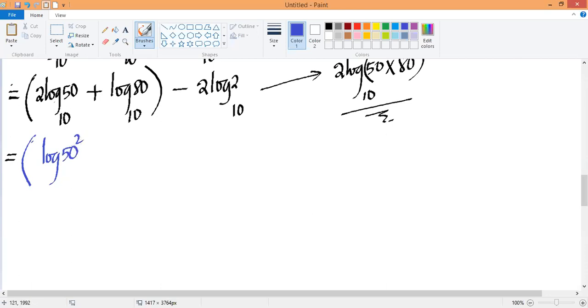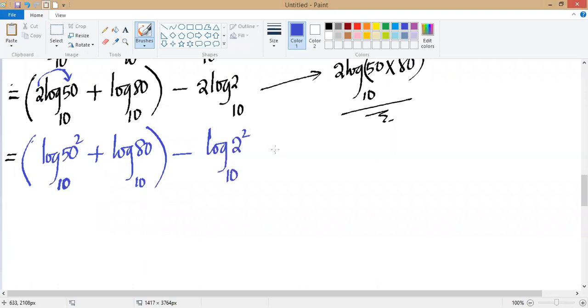You would have been, first of all, ensuring that the coefficients are all the same. Those laws are true when the coefficients are the same. So that pushes the 2 up onto 50. Do the same to this one: 2 squared base 10.